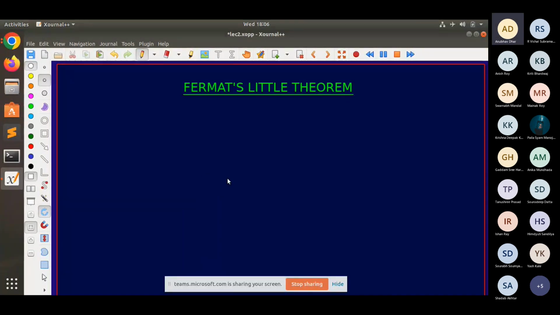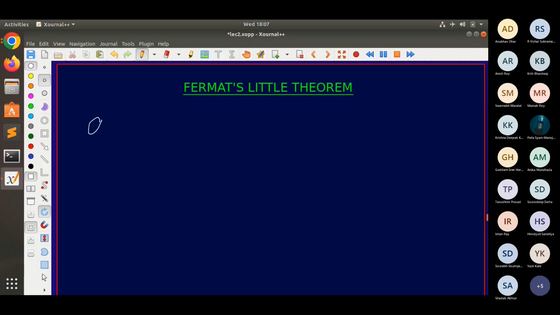Okay, so we will be talking about Fermat's little theorem today. This is a very well-known theorem in number theory. It basically states something like, for integers a and p such that p is a prime and a is coprime to p, this thing holds.